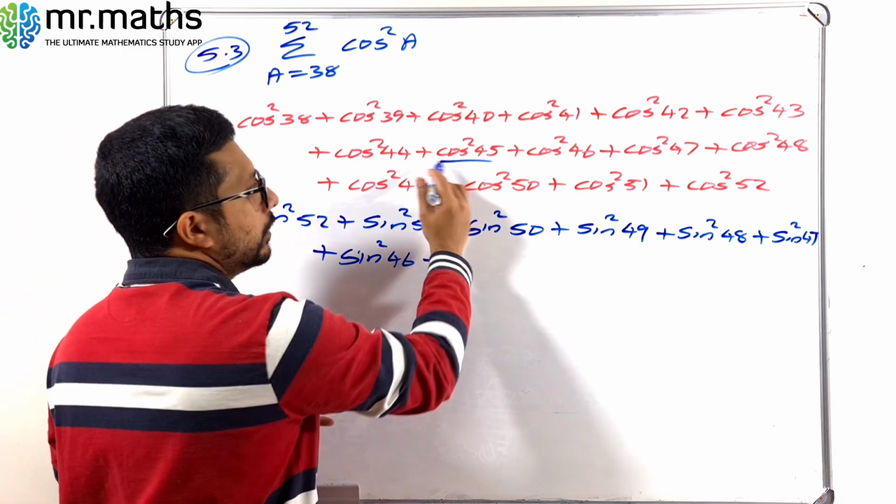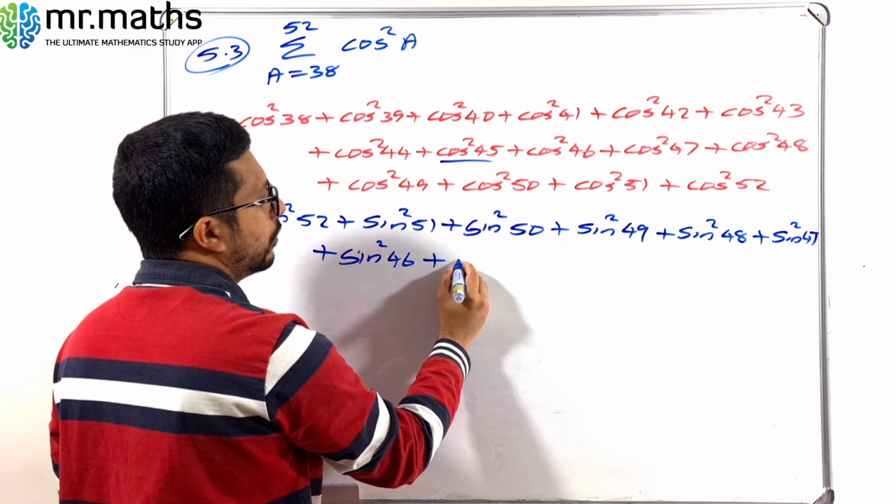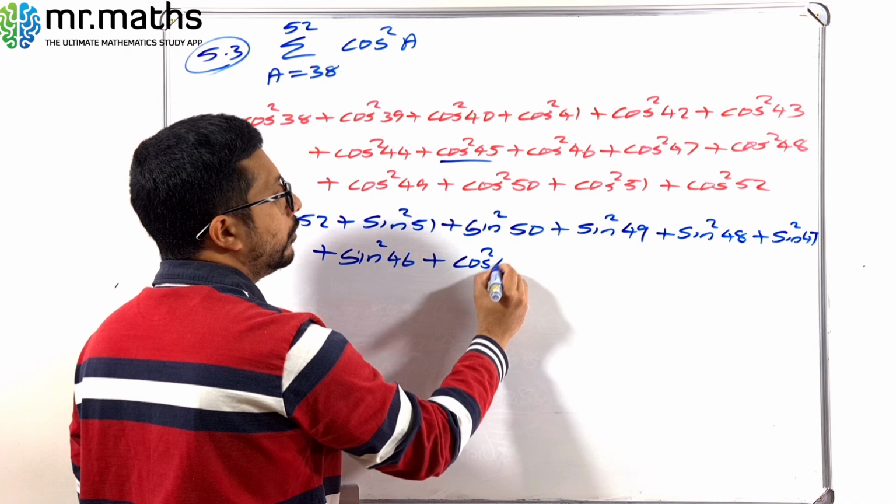Okay, so this one I'm going to leave it like that, cos square 45. From there I'm going to leave it like that.